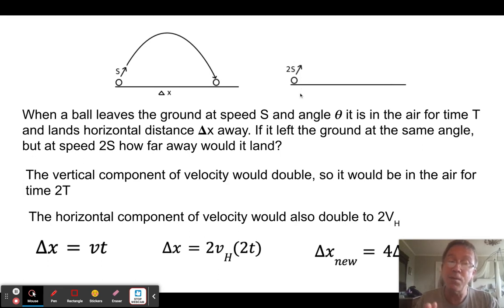But if I shot it double that, 60, it'd go up for 6 and down for 6, and that's 12 seconds, right? So when I double the vertical velocity, I double the amount of time it was in the air. The same is going to be true for the horizontal: I'm going to double the horizontal velocity. So if this is 2t and this is 2v, then the horizontal distance I get is actually 4 times greater. Kind of an interesting one there.